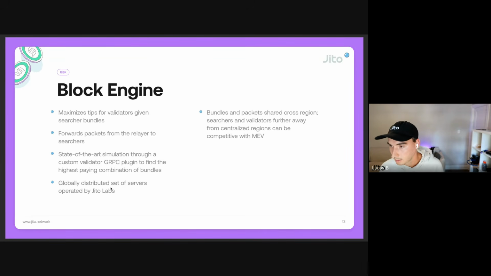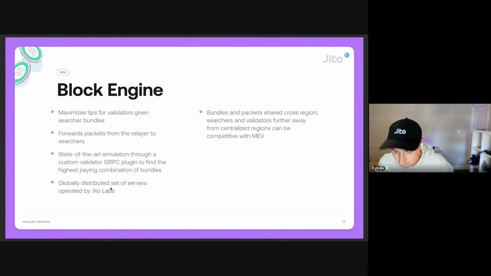It's a globally distributed set of servers operated by us. We have Amsterdam, Frankfurt, Tokyo, New York. And it's relatively easy to spin up new ones. Given the cost requirements for running an RPC, we're currently at 4, but we can spin up new ones pretty fast.